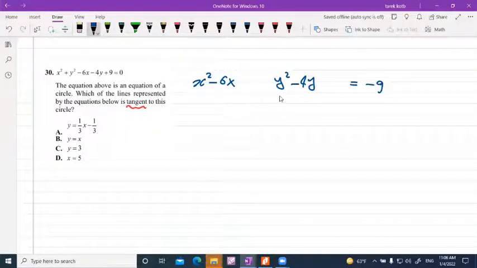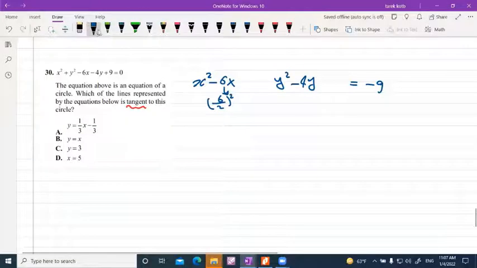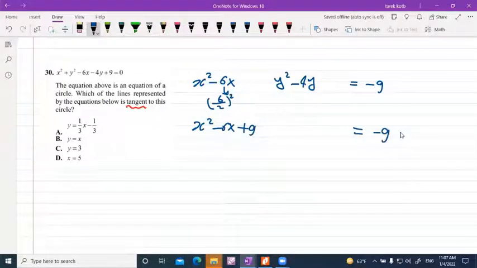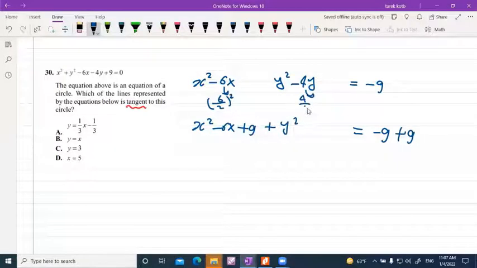If you want to complete this square, you take half of 6, which is 3, squared, it will be 9. So you add 9 and subtract 9, it will be x squared minus 6x plus 9. And here you have to add another 9 because this 9 cancels this 9. For y squared, take half of 4 squared, 2 squared equals 4.